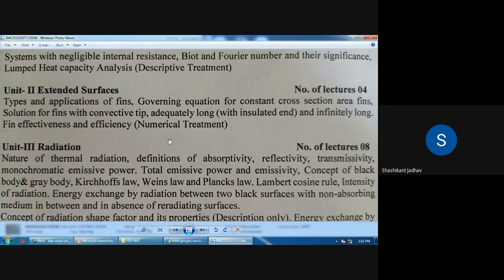First of all, you have to understand the basic concepts related to heat transfer, which are covered in unit number 1.